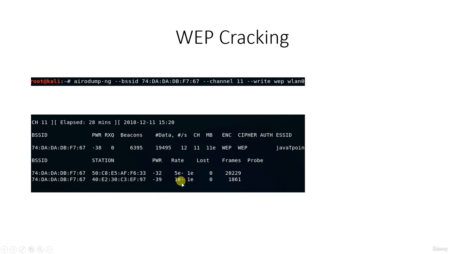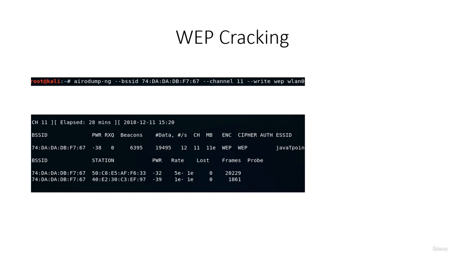After running the command, the following output will be shown. This is a busy network, and the data column shows the number of useful packets that contain different IVs, and we can use it to crack the key. If the number is higher, then it is more likely that we can crack the key.